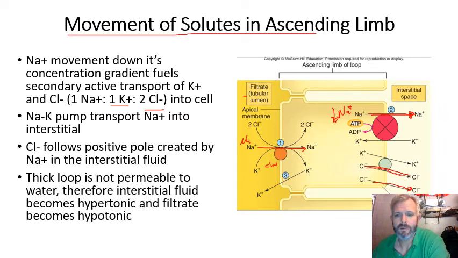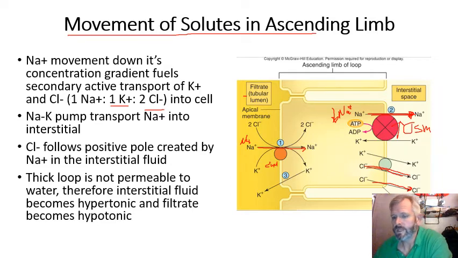Okay. Remember, there is no permeability to water. So since we're not permeable to water, but we're actively pumping out solutes, what are we doing to the osmolarity here? The osmolarity is increasing, right?